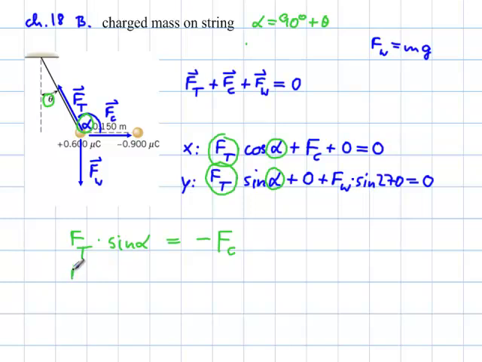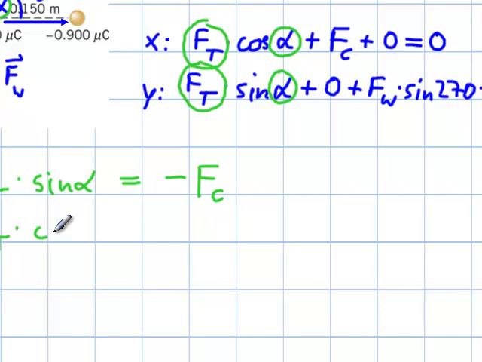And then Ft times cosine alpha equals, and the sine 270 degrees here already is a negative, so it's a negative Fw. So when I get it to the other side, it actually becomes a positive Fw.